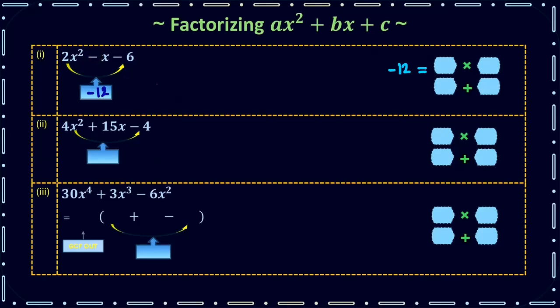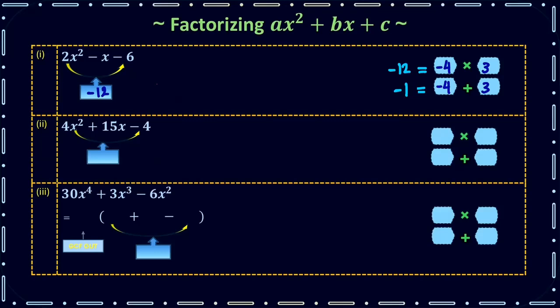The coefficient of x is negative. You could think of a 1 there. When added, we want to get negative 1. 12 has many factors, two of which are 4 and 3. We want one of them to be negative so that the product is negative 12. I would say negative 4 and 3. When multiplied, you get negative 12, and when added, you get negative 1.